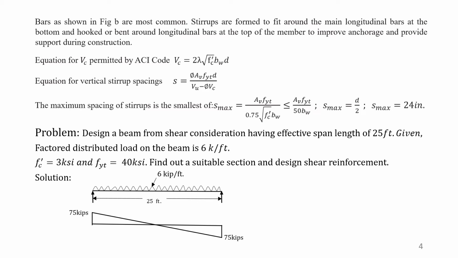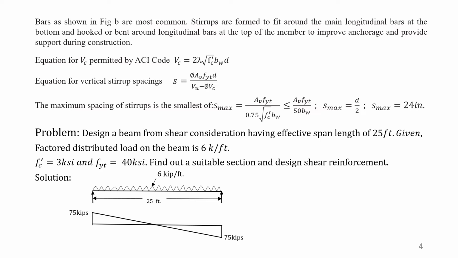There are three relations in this maximum spacing. Number one is a formula related one, and in the middle there is a D by 2 factor, and at the end of these three is 24 inches. This much of knowledge we must have in designing the shear reinforcement in a beam.